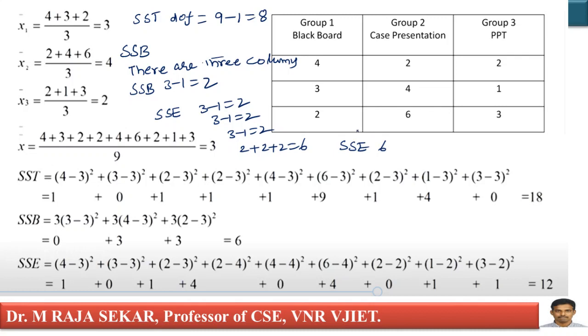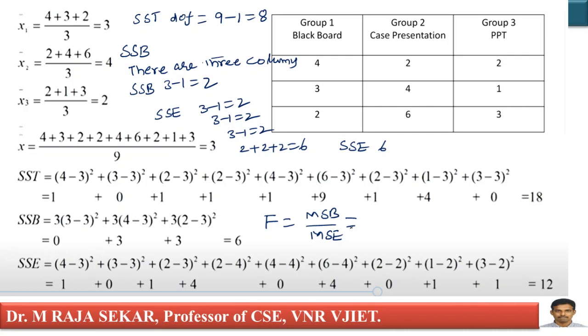Now we calculated the degrees of freedom. After that, we have to find my F value. What is F? F is nothing but MSB by MSE. MSB means mean square between columns.